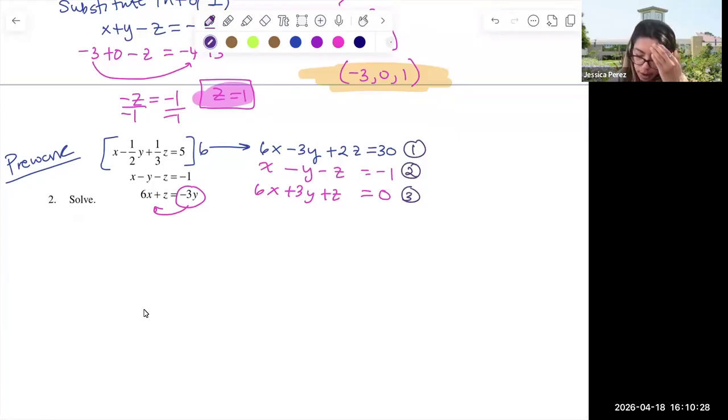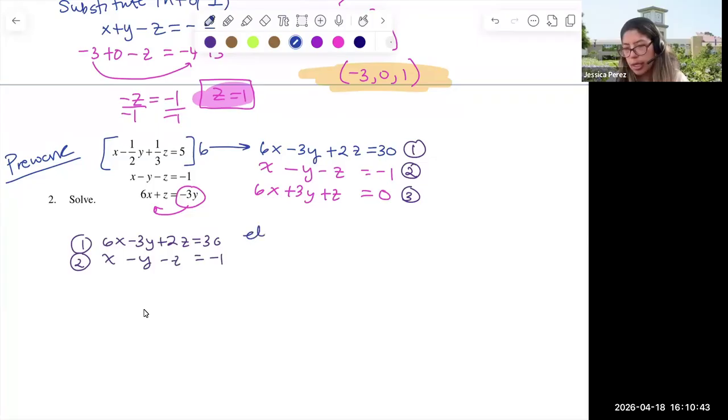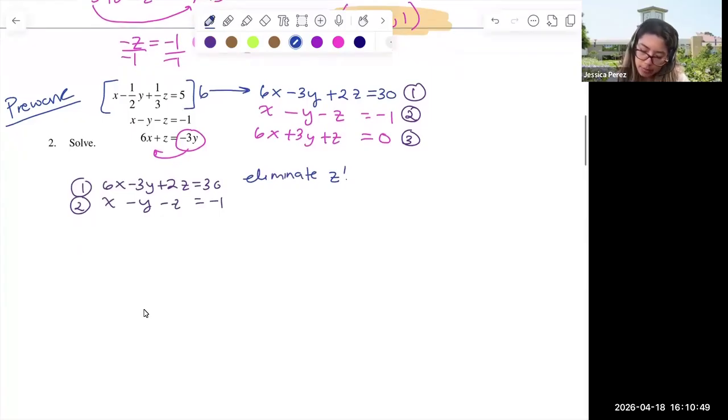And then I start combining equation 1 and equation 2. I have 6x minus 3y plus 2z equal 30, and x minus y minus z equal to negative 1. Again, I'm going to eliminate my z by multiplying the bottom by a positive 2.